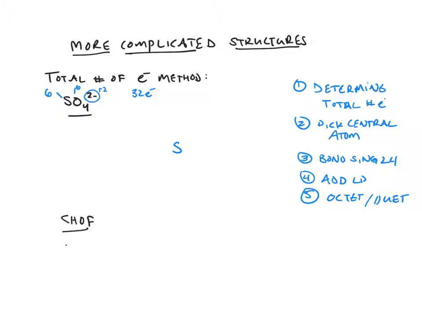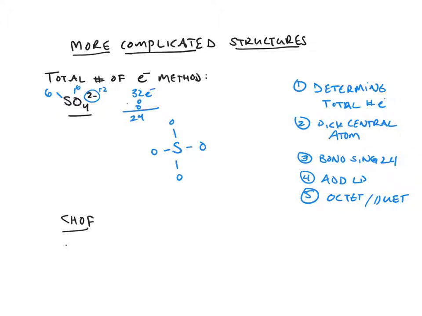I have 4 oxygens that I need to bind to it, so I'm going to draw 4 bonds to sulfur, with an oxygen on each. Okay, that counts as 2, 4, 6, 8 electrons. So I've removed 8 electrons from my total, which means I still have 24 electrons I need to account for. If I look at my structure, there are some oxygens that don't have an octet.